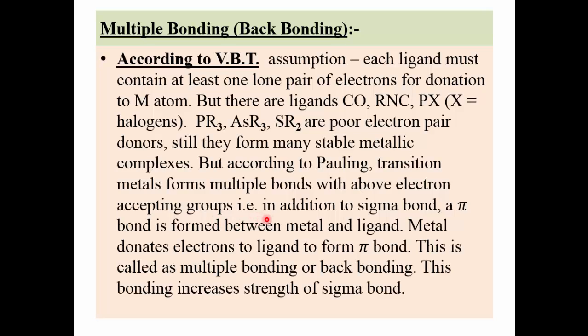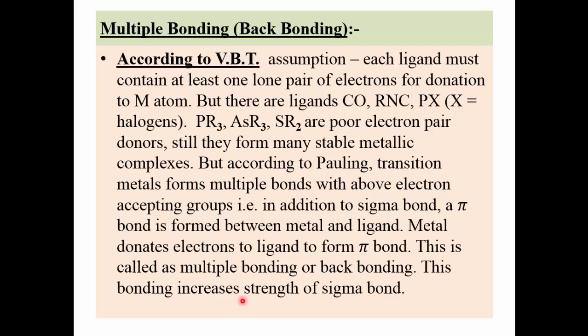So how is it possible? In addition to the sigma bond, where the ligand donates an electron pair to a metal orbital, a pi bond is formed between metal and ligand. So the metal donates electrons to the ligand to form a pi bond. This is called multiple bonding, or also back bonding.